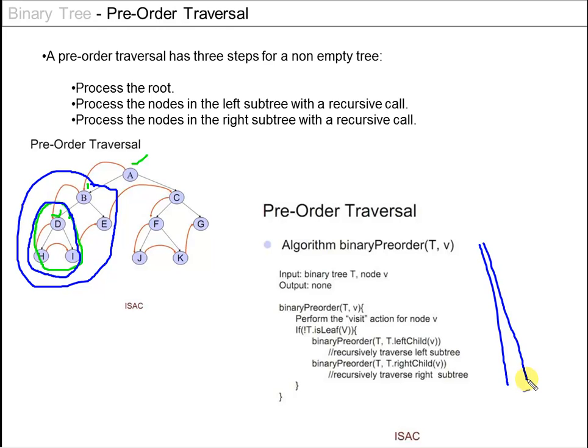First, it is a recursive call. If you see, it is using recursion, so the method name is binary pre-order and it uses recursion. The only thing different is the argument it is passing, the left child and right child. When it is doing the left child recursively, it passes the reference to the left child.